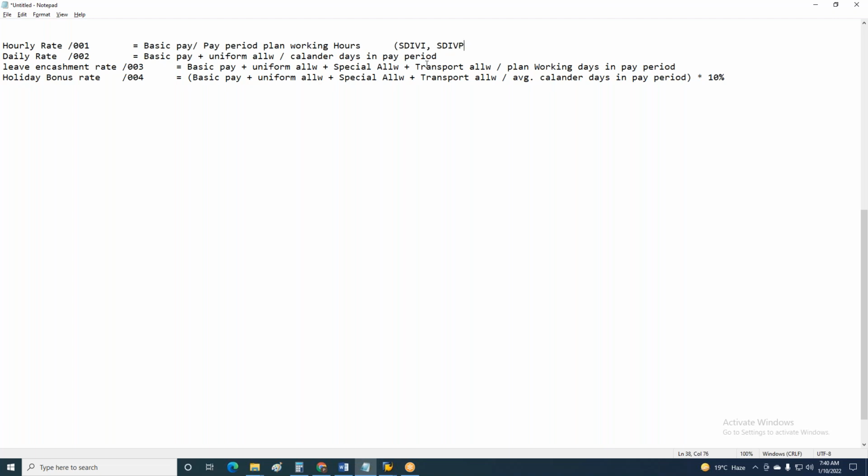From work schedule to work schedule, DIVI is changed, but DIVP remains the same. So the client might use the actual planned working hours of the employee based on the shift, the average pay period hours calculated in Infotype 8. Whichever it is, we should use that, either this one or that one.